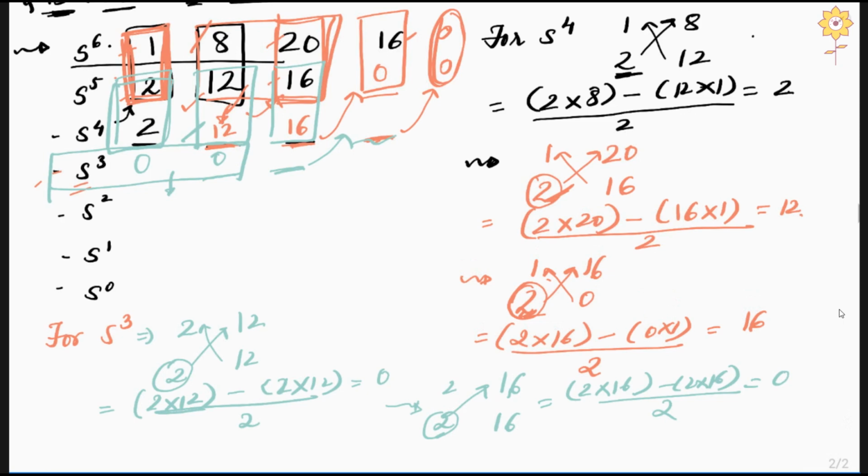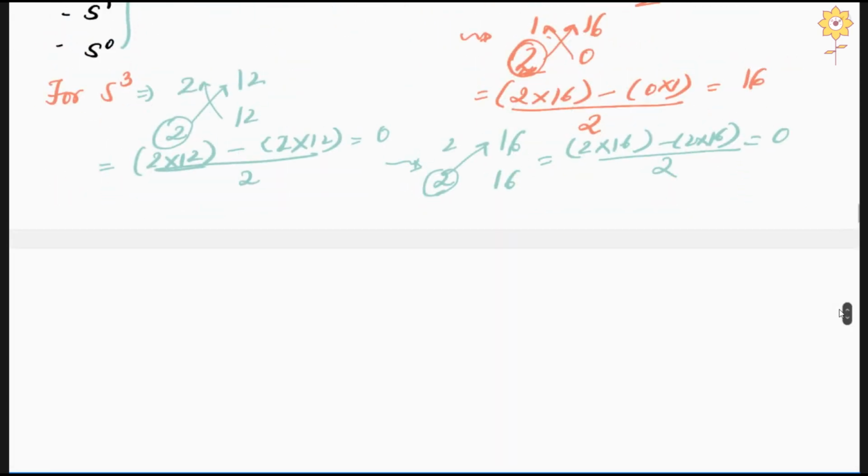So what do we do here? We will have to make some adjustments. So we will have to form an auxiliary equation for us to be able to find the values of the remaining rows. Okay, so how do we calculate the auxiliary equation?